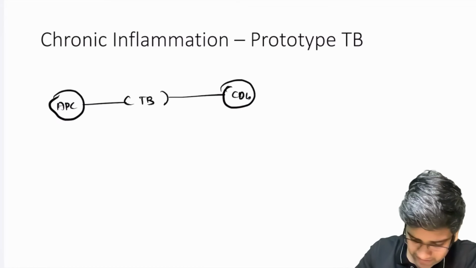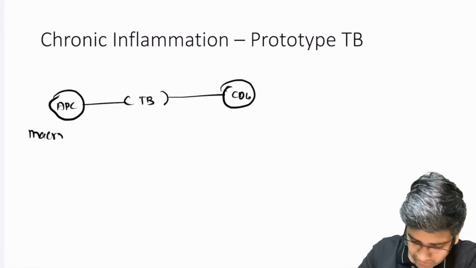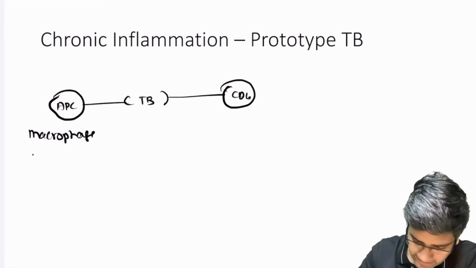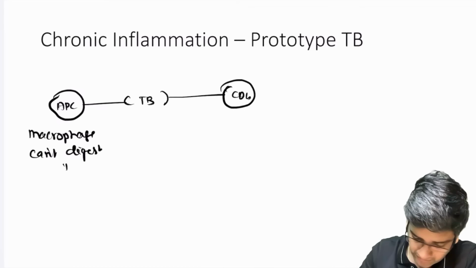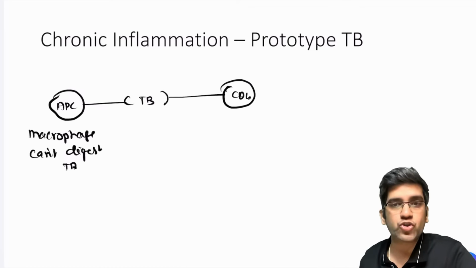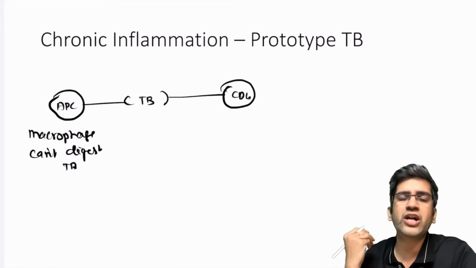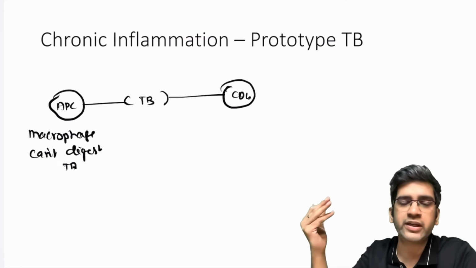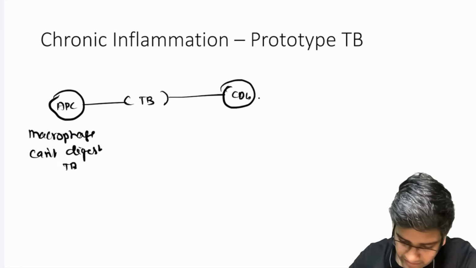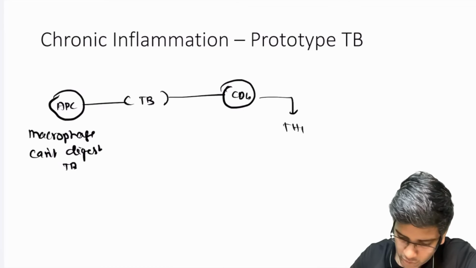So why is it presenting? Because macrophages can't eliminate TB, can't digest TB. TB can grow inside the macrophage and destroy it, right? So the macrophage is struggling and not able to digest, so automatically it will present to my CD4 cell, right? This CD4 cell becomes your Th1 subtype.